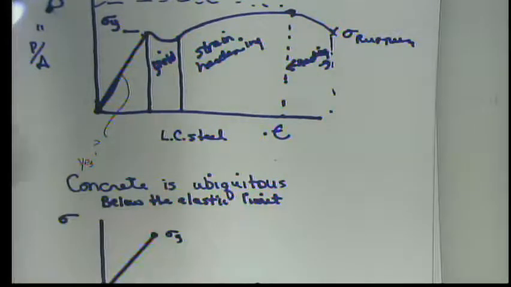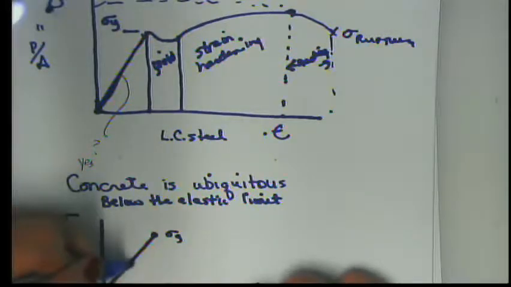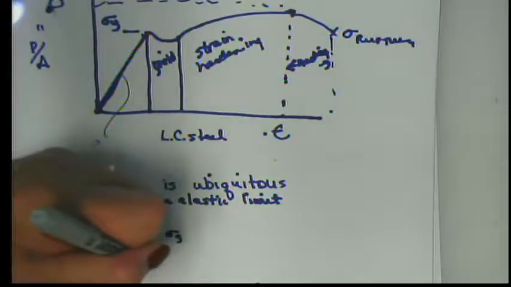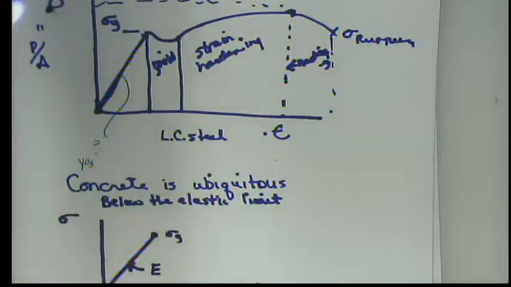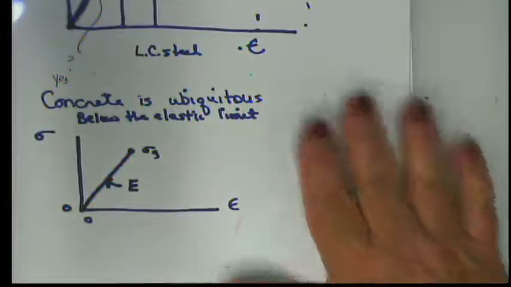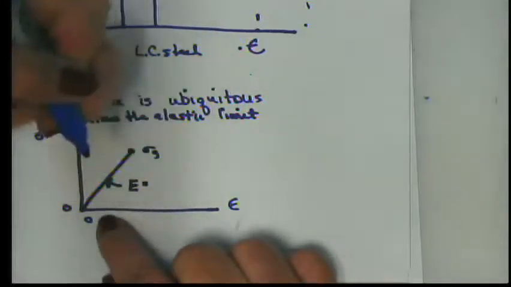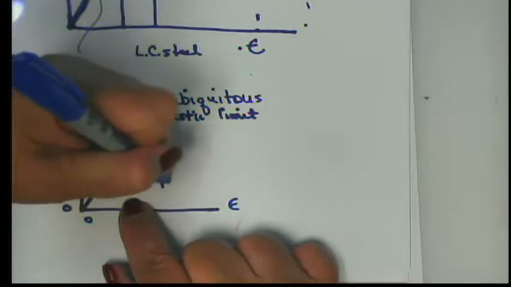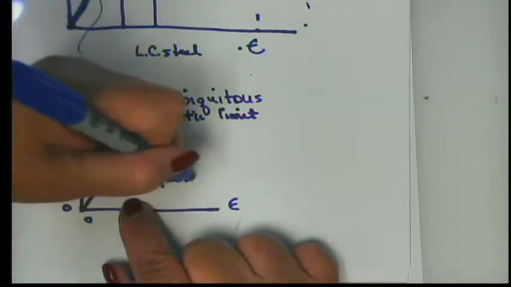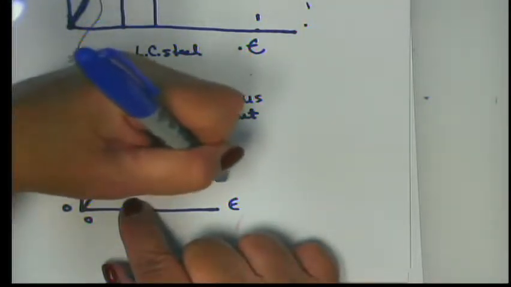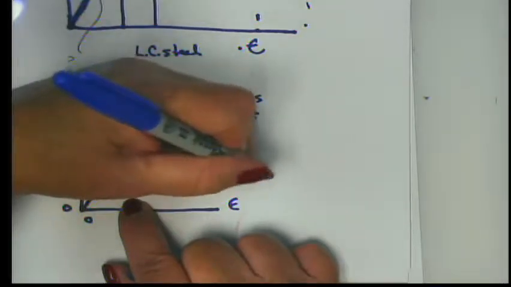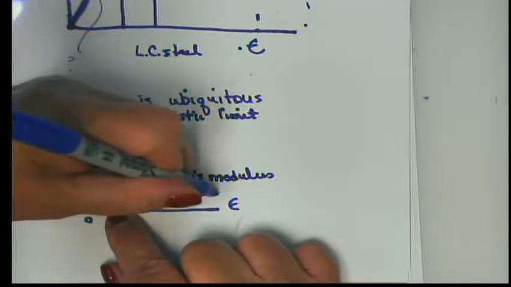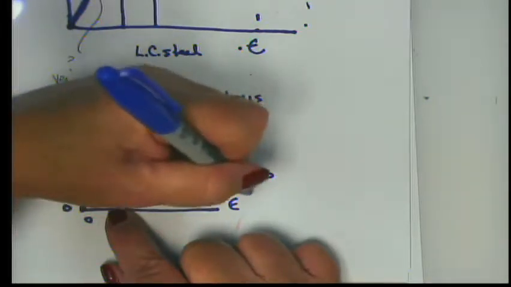So within the elastic limit, this is a straight line for most materials going through 0, and the slope of this line is referred to as E, capital E, which is called Young's modulus, or the modulus of elasticity.